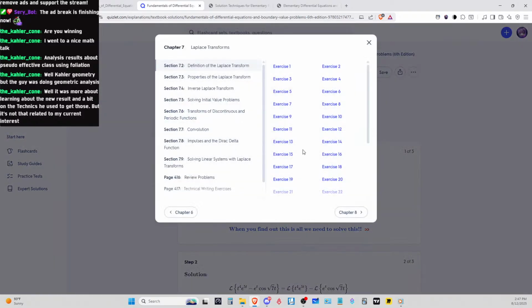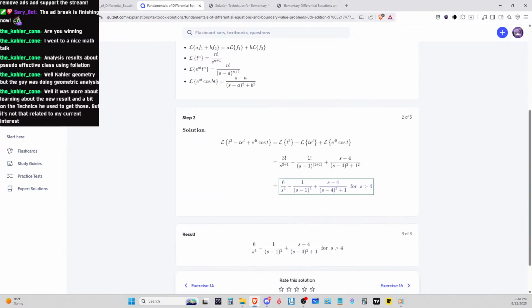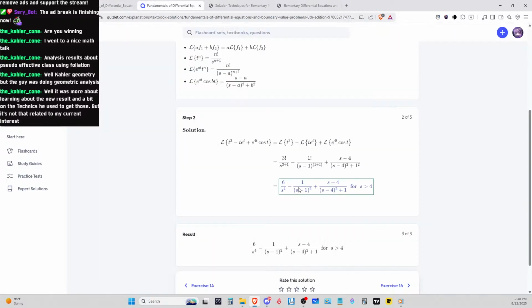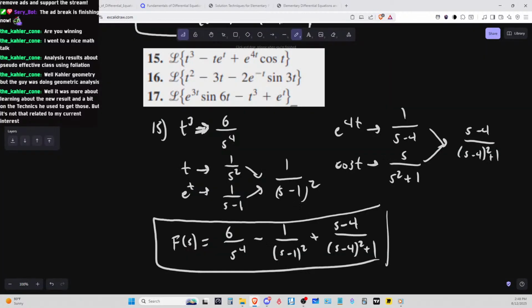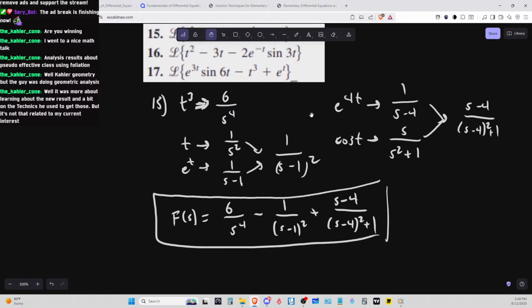So table of contents, 15 please. S to the 4th, s to the 2nd. Yep, that is correct. Cool. Okay, we're progressing pretty well. That's probably going to be the one thing about Laplace transforms that I'll forget if I don't practice, just the way the maneuvering works.